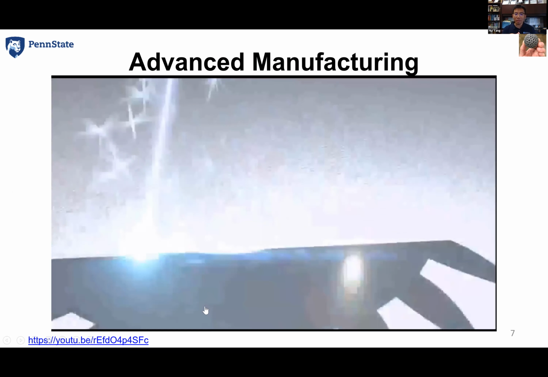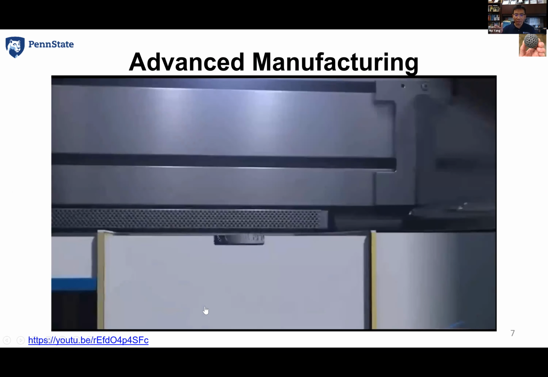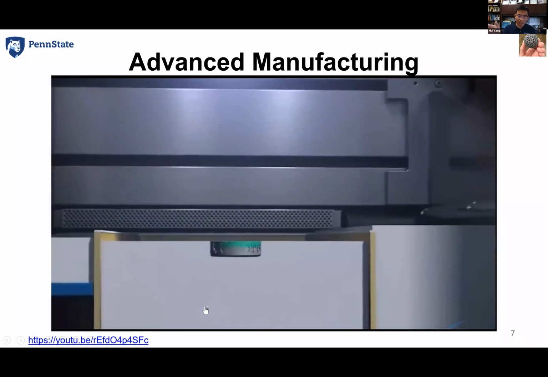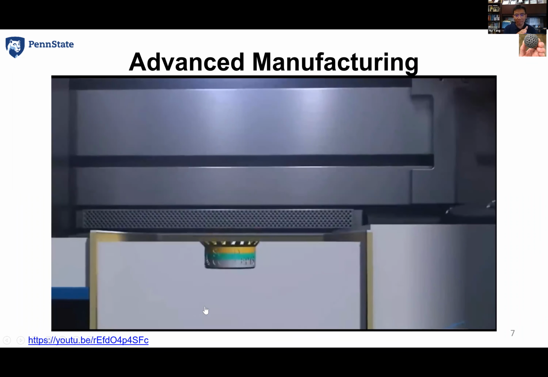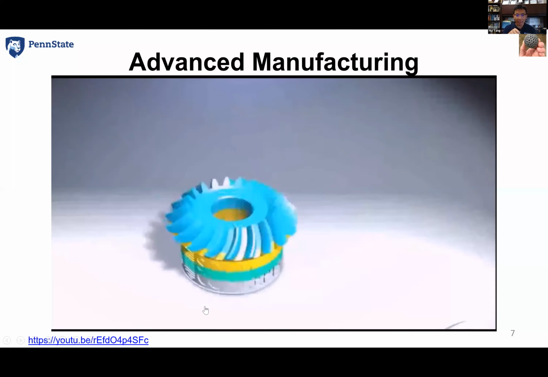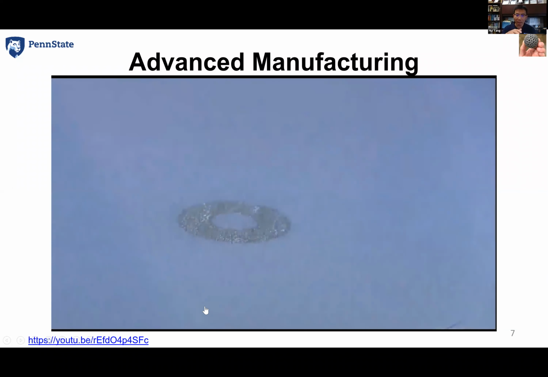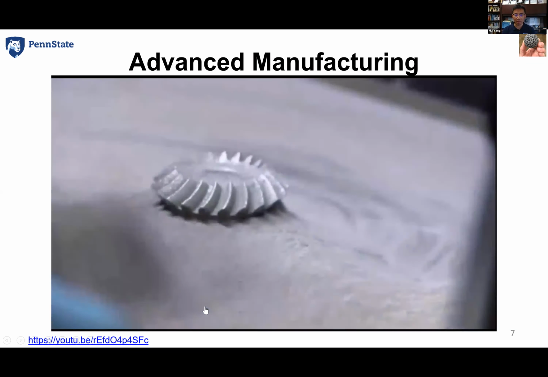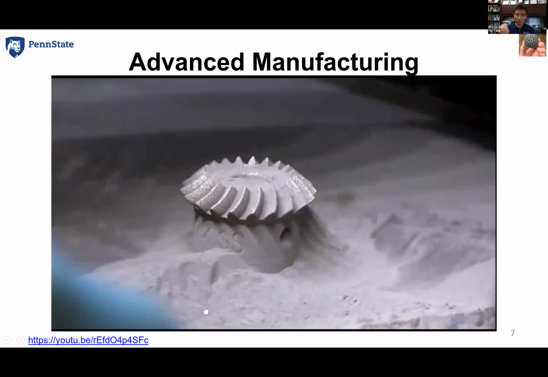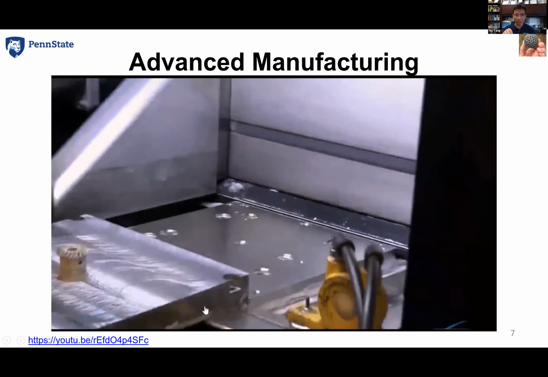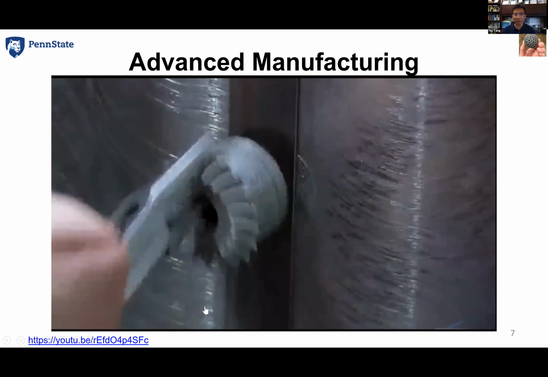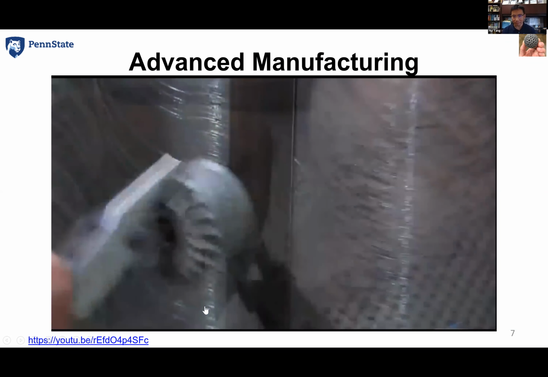Once you finish this layer, you lower the powder bed, spread another layer of powder, and fuse it again. Layer upon layer, you get the final build. This is the laser powder bed fusion process. Once this is done, you sweep the powder off the bed and take the final part out. This is 3D printing. A brief version of this video is available at this YouTube link if you are interested.